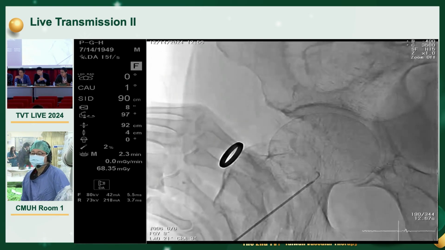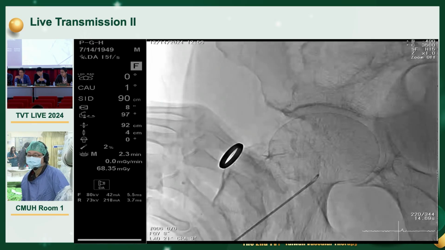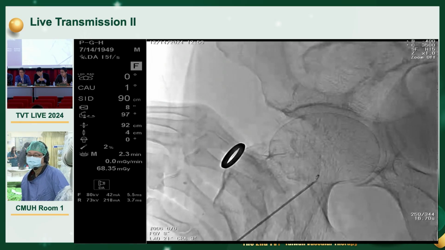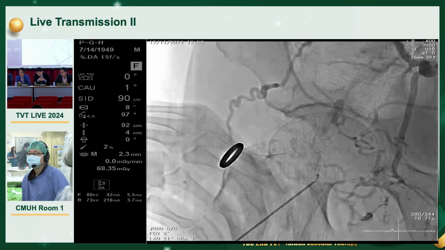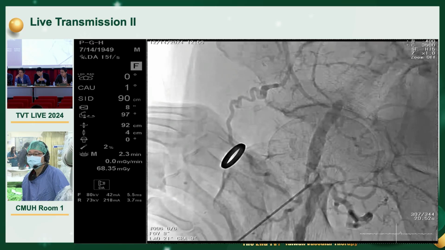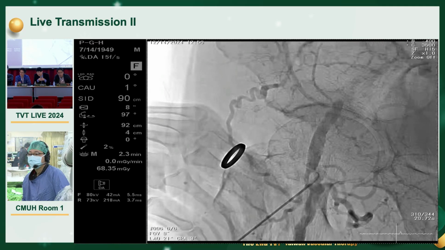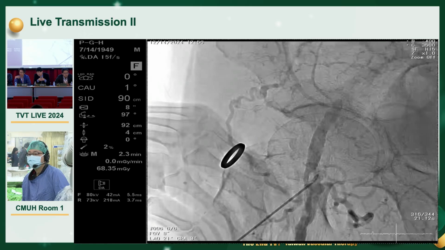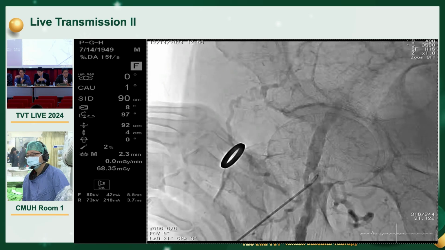My assistant suggests that to me. But I want to see the condition of the common femoral artery and the angio. That's why I challenge to puncture the right common femoral artery under contrast. But anyway, it failed.